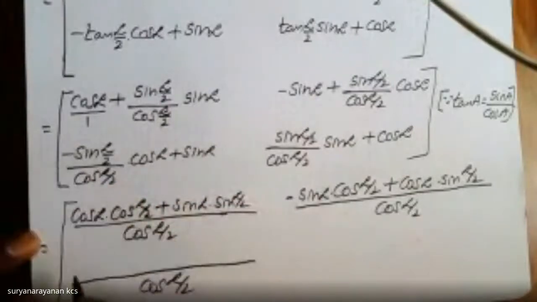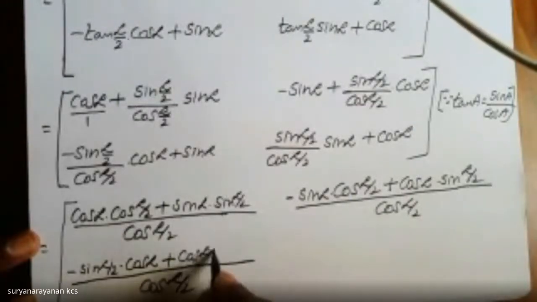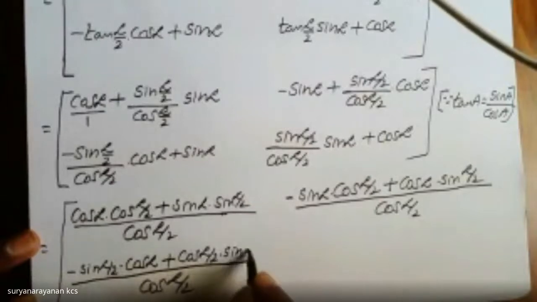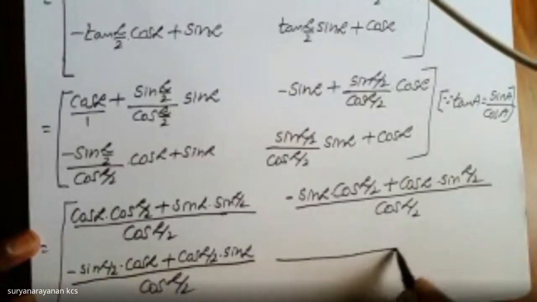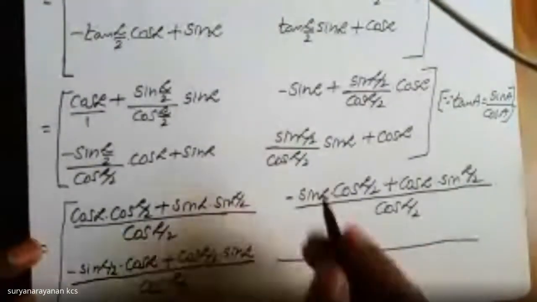Plus sin alpha by 2 into cos alpha plus cos alpha by 2 into sin alpha. Similarly, here also cos alpha by 2 is the LCM.